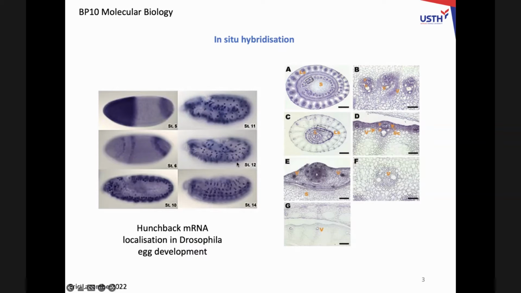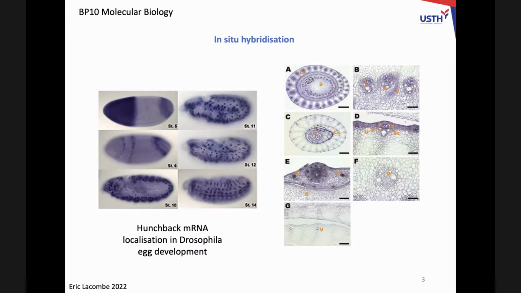So do you understand the strategy of this technique? The idea is you take a cross-section or whole-mount tissue, and you directly hybridize inside the section or inside the tissue with a specific probe, and so you can have access to which cells are expressing the gene. Is this idea okay?